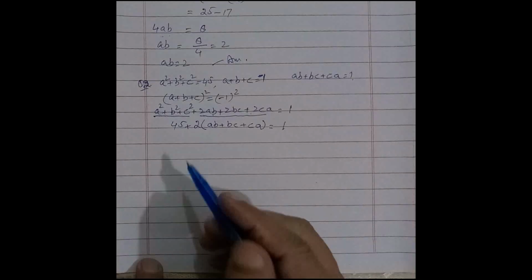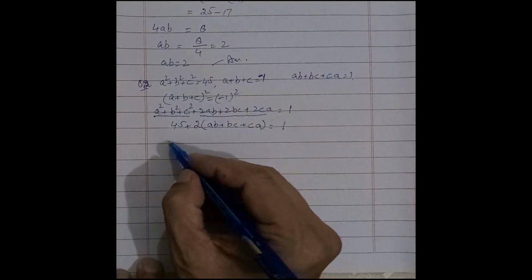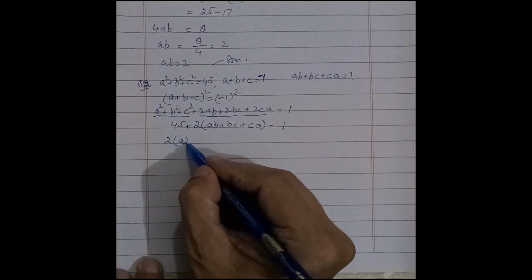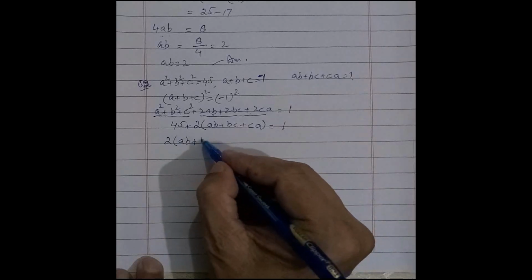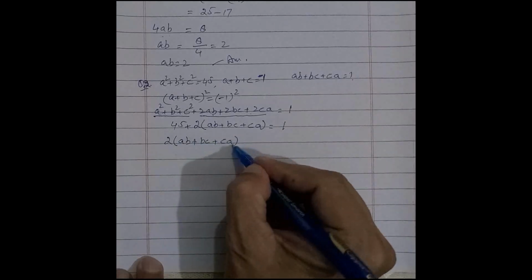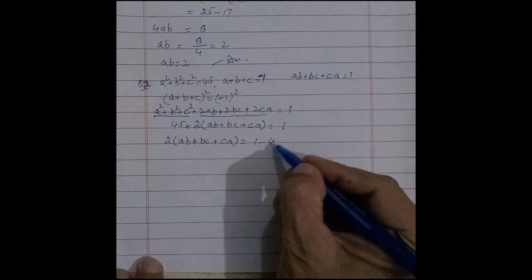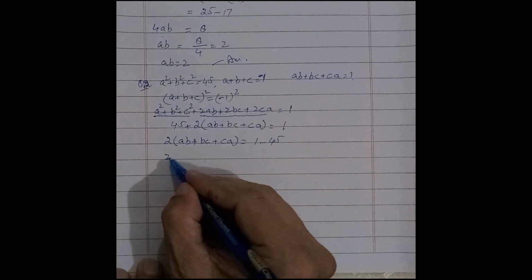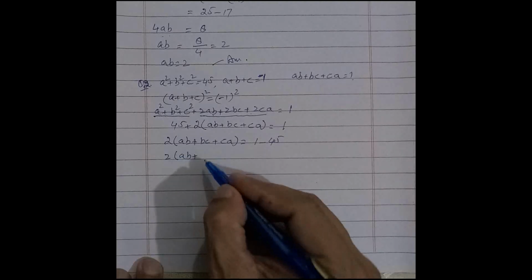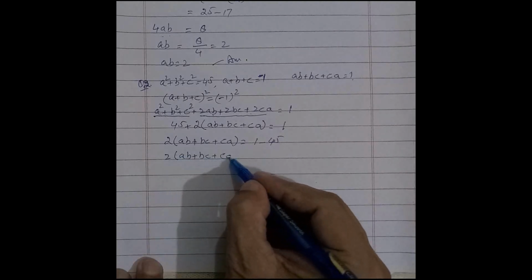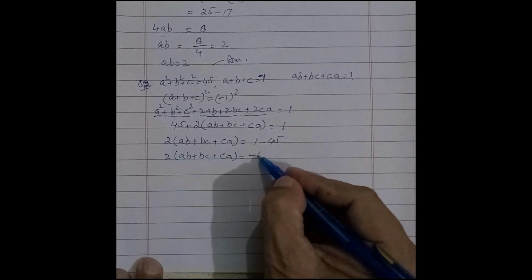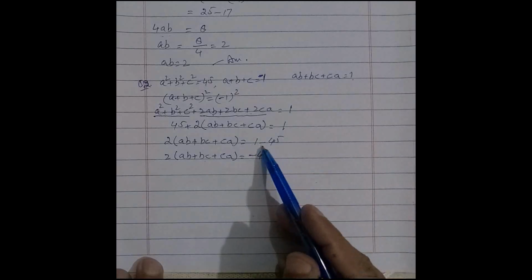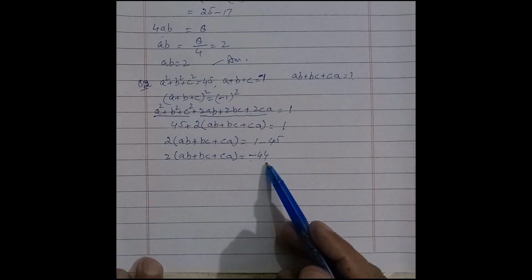Now we subtract 45 both sides. We have 2 into (ab plus bc plus ca) is equal to 1 minus 45. And the answer is 2 into (ab plus bc plus ca) is equal to minus 44. 1 minus 45 is minus 44.